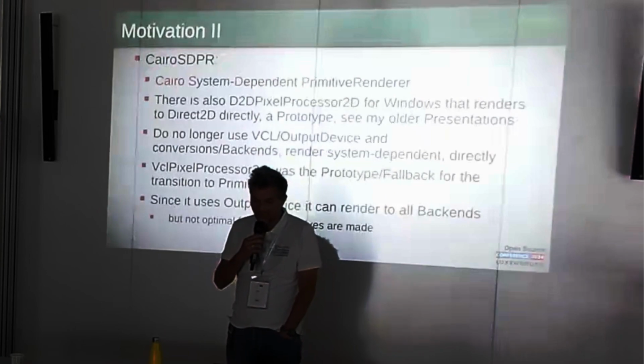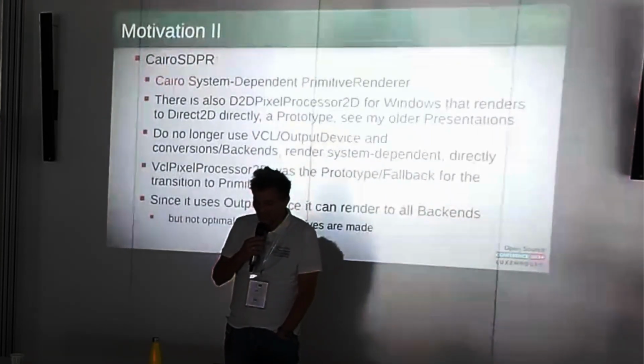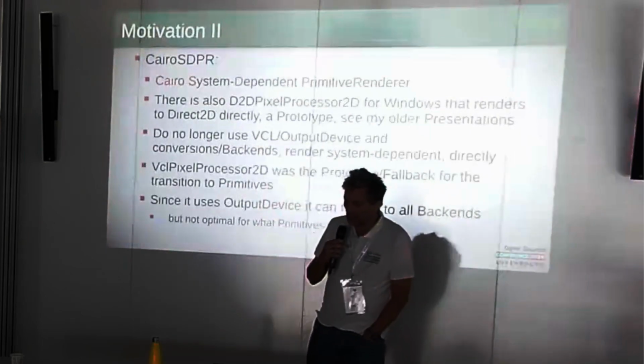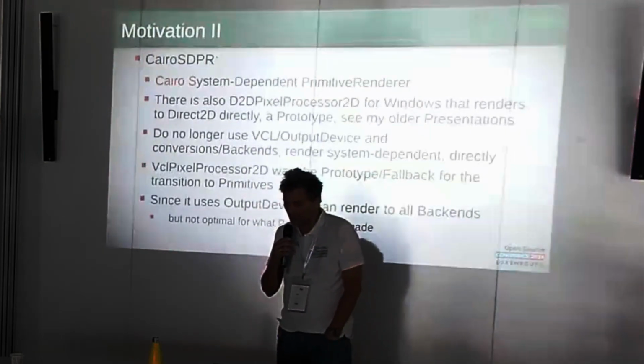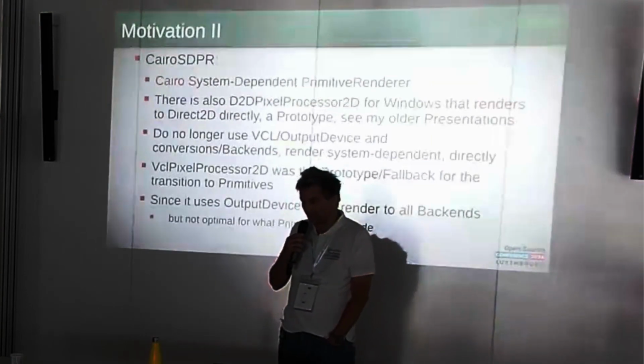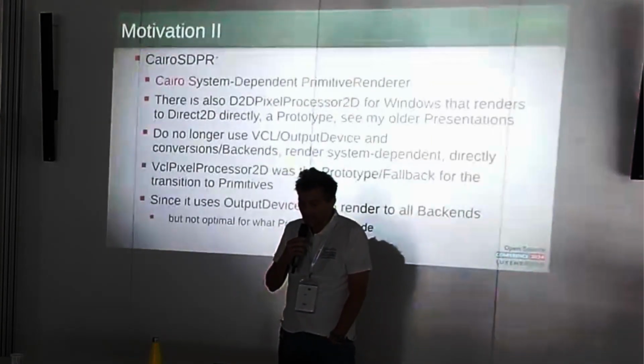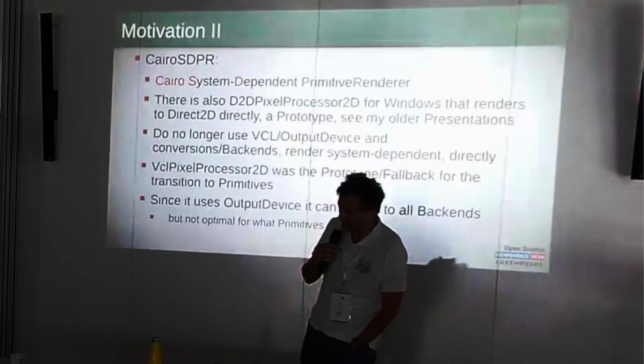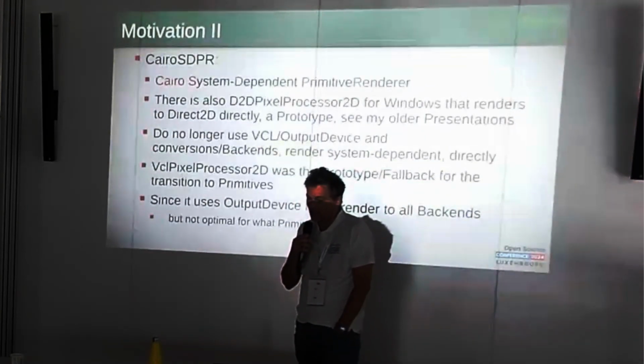So CairoSDPR stands for Cairo System Dependent Primitive Renderer, and I already made a prototype for Windows last year, and you can find the presentation in the web. And this one is called Direct2D Pixel Processor 2D, and it was just a prototype to show that it's doable.